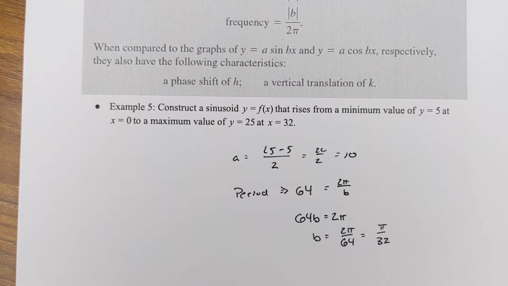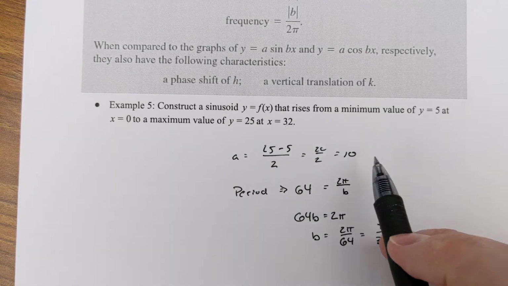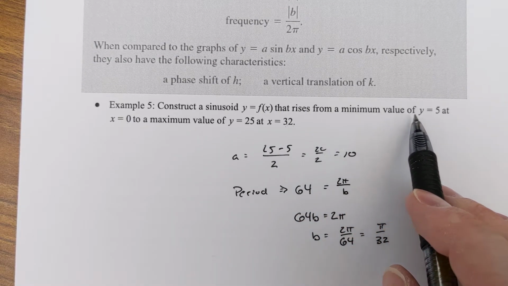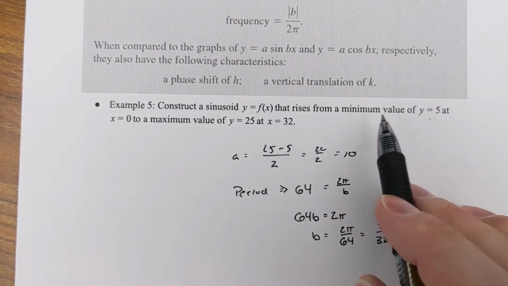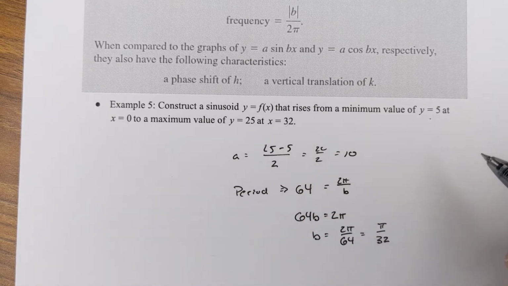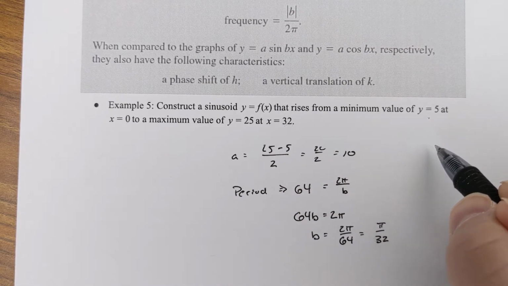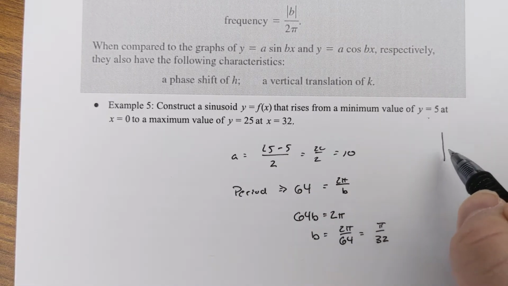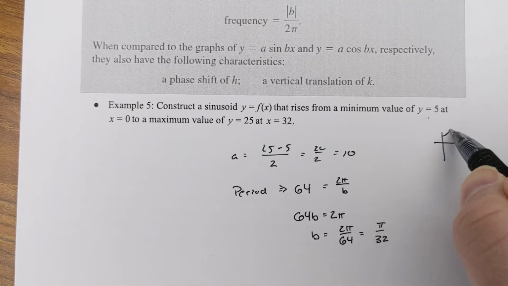Now, to build our function, it rises from a minimum value of y equals 5. So this starts at a minimum. What we actually need is a graph that does that.